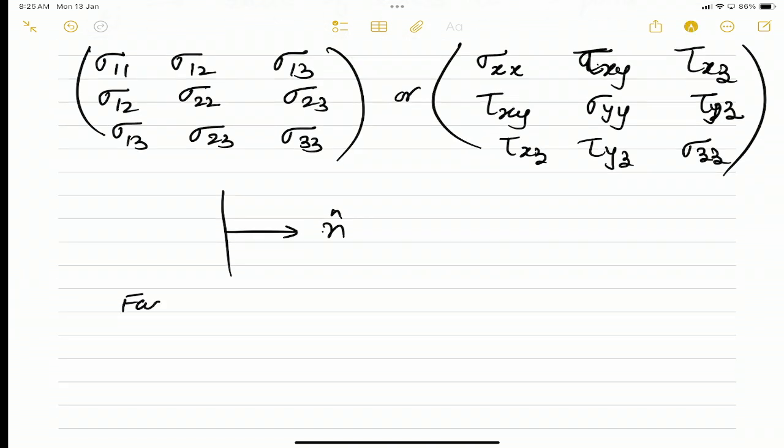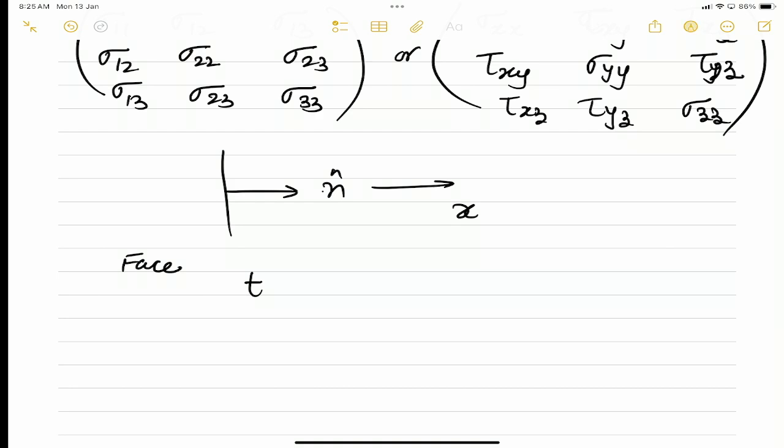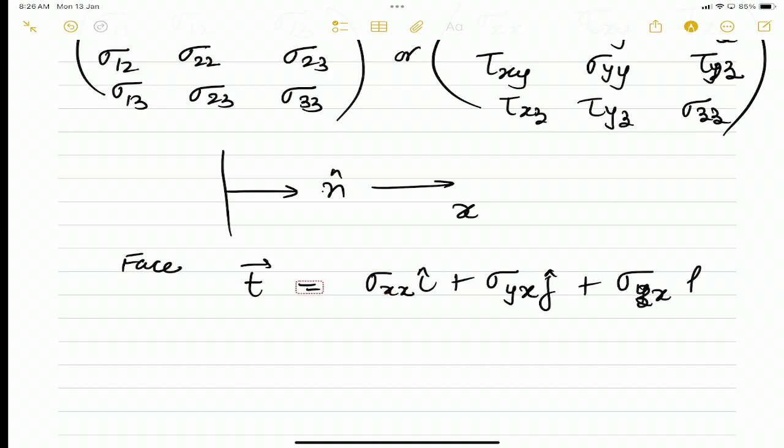Suppose I have an area like this and this is the x direction. If I choose an elemental area, the normal is in the positive x direction. So now here, what will be the stresses? The traction vector here will be equal to sigma xx i plus sigma yx j plus sigma zx k.